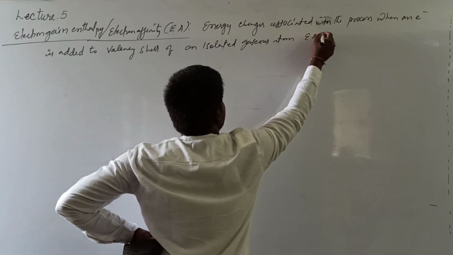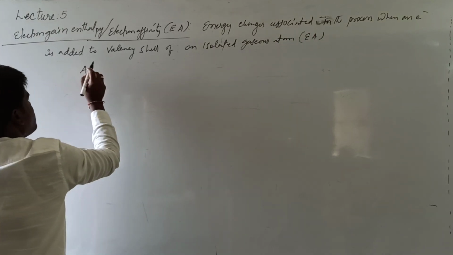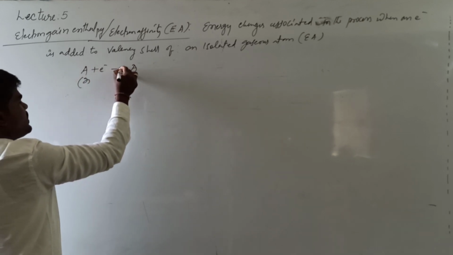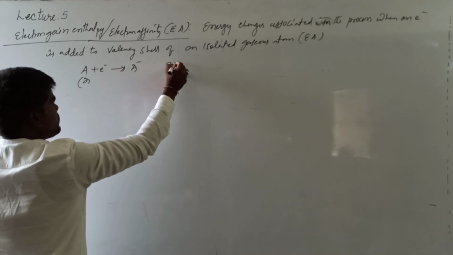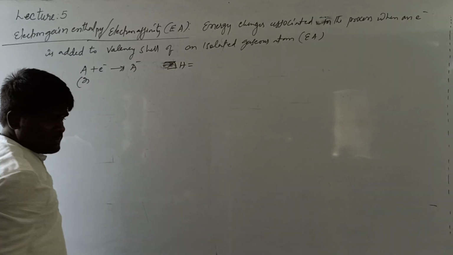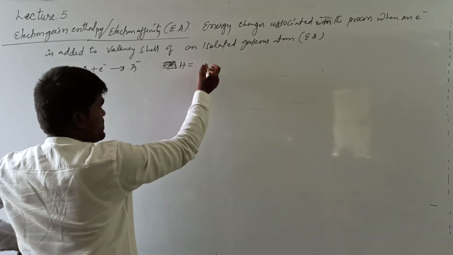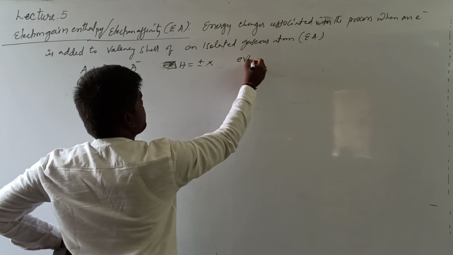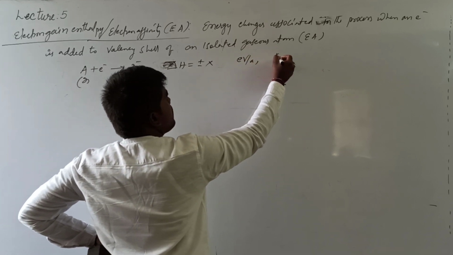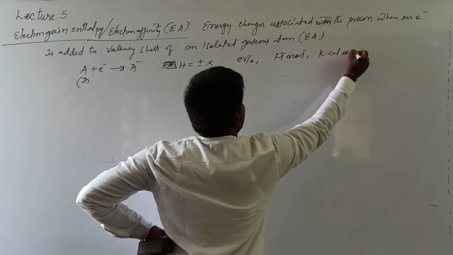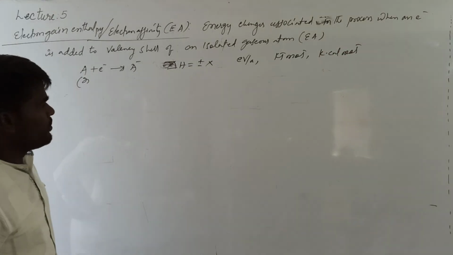It is denoted with E. It can be represented as adding an electron to an isolated gaseous atom, and it will become A minus. Here delta H can be either positive or negative. Here also it will be expressed in the same manner, that is, it can be expressed as electron volt per atom, kilojoules per mole or kilocalories per mole. The units will be the same.